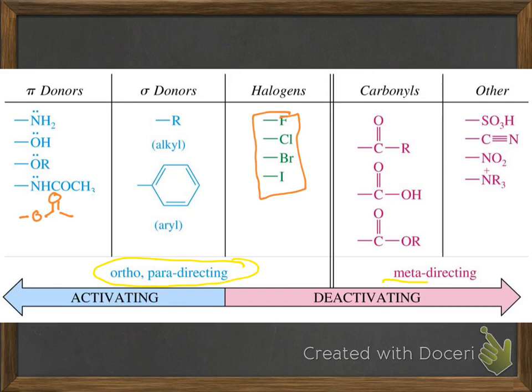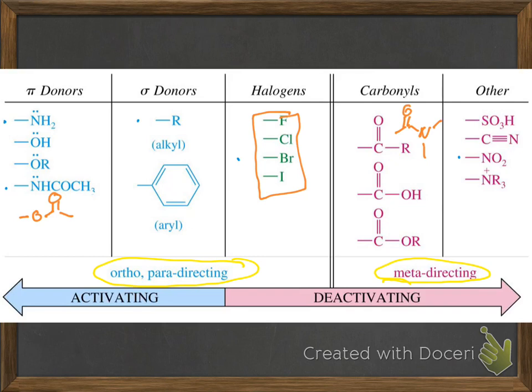All right? And I'm going to add to this, like I did last time, over here, where please remember that over here, all these attachments like there, here, all around, is where the aromatic ring is.